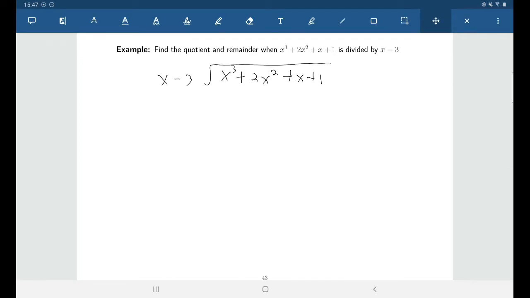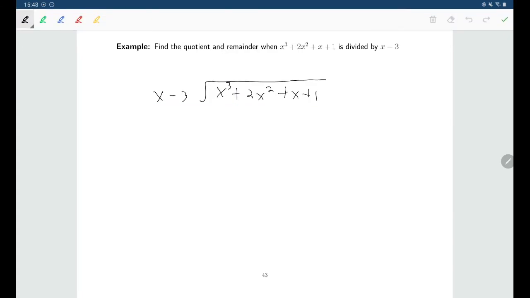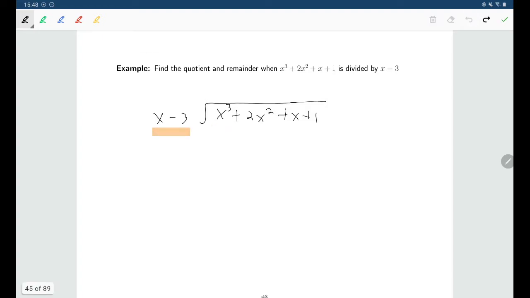But before we do, the one thing just to mention is, because it's difficult for us to ask the question of how many times does x minus 3 go into something, we'll ask the easier question, which is how many times does x go into something?